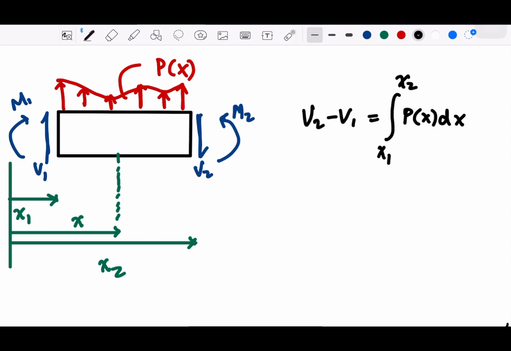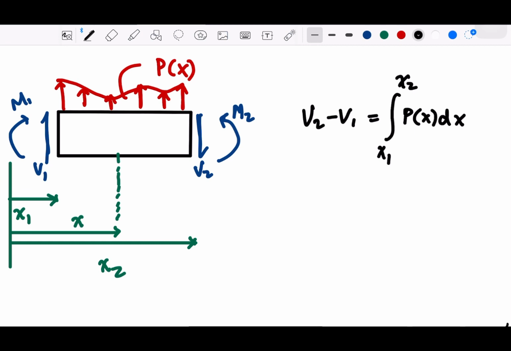We take V2 minus V1, and then we have the integration from x1 to x2 of this P(x) dx, and the dx gives us the area under the curve for the force, right? The force is acting as an external force like the previous one.